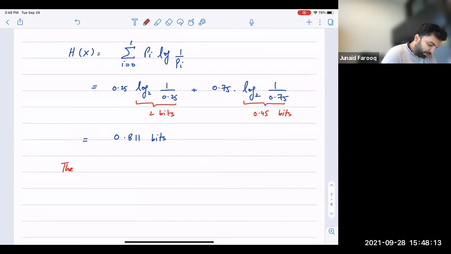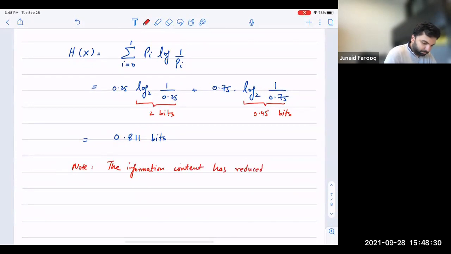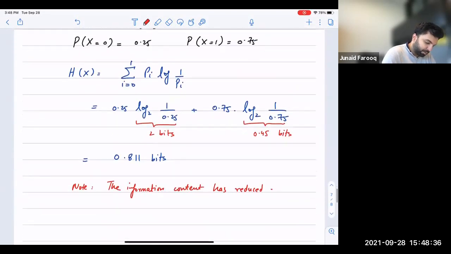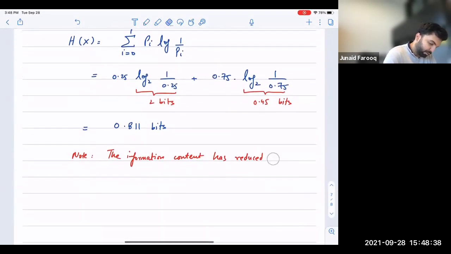Now note that the information content has reduced from 1 bit, which was the information for a fair coin. And this is because the amount of surprise has reduced.